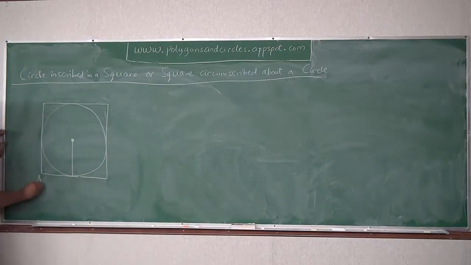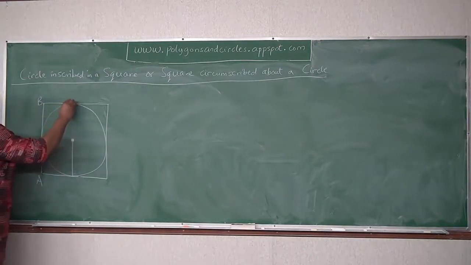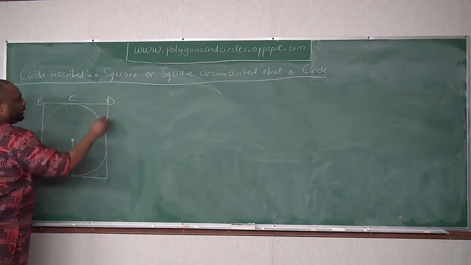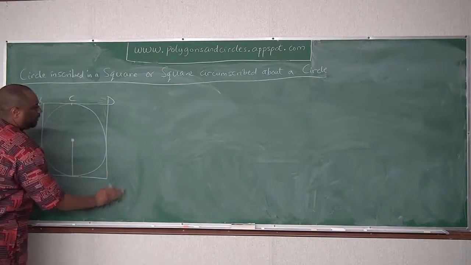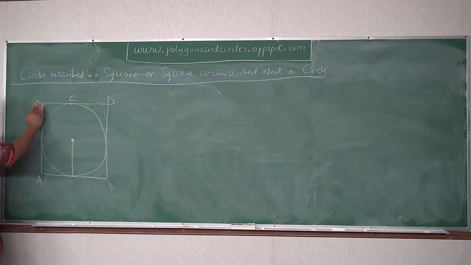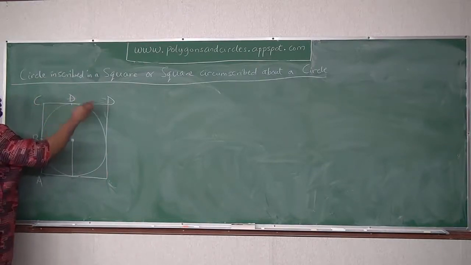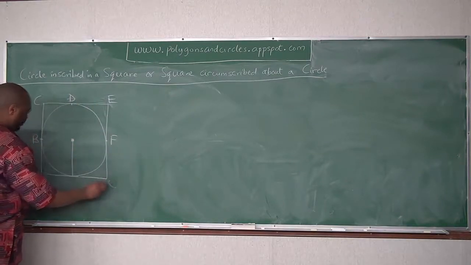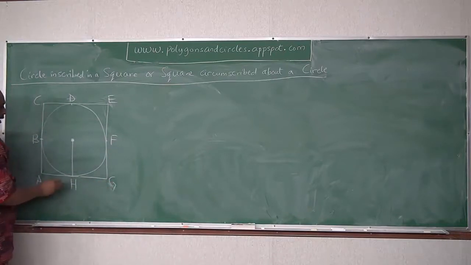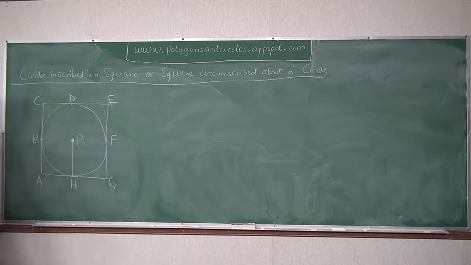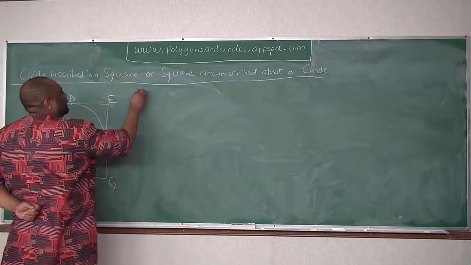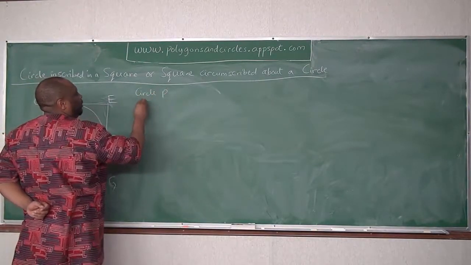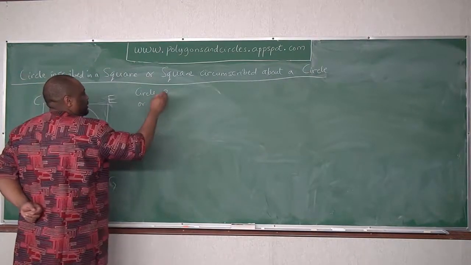Now let's say we have A, B, C, D, E, F, G, H, with the points of contact B, D, F, and H, and let me call the circle P. The center of the circle is P.